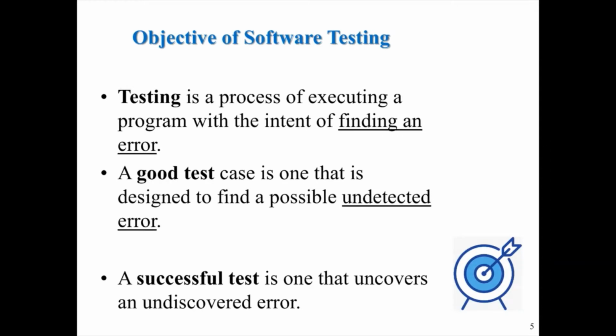If we design a test to find a possible undetected error, that test will be called a good test. And if it actually uncovers an undiscovered error, that test will be called a successful test. That is, you run the test and you found some bug in your software. That test is called successful.